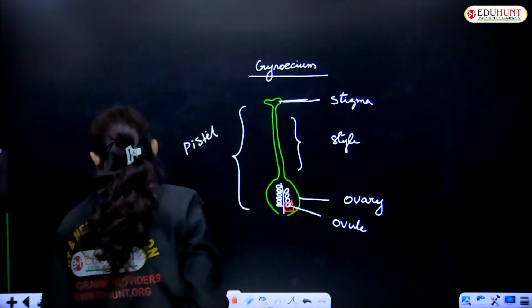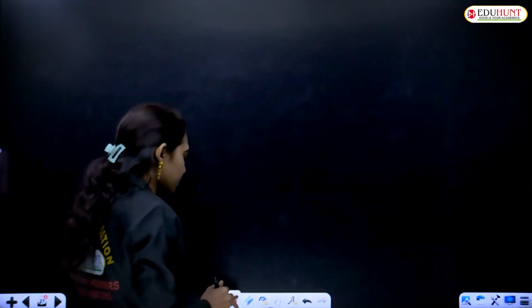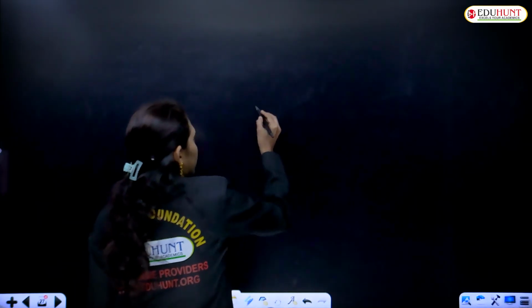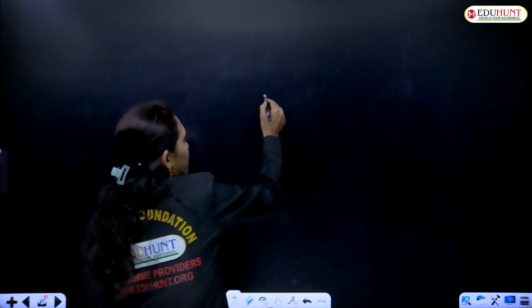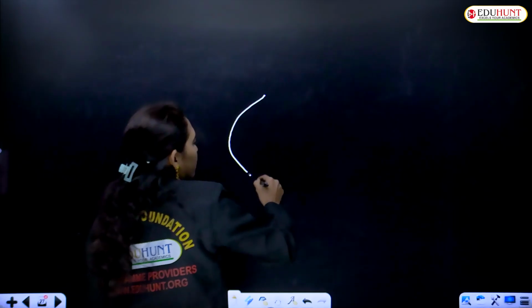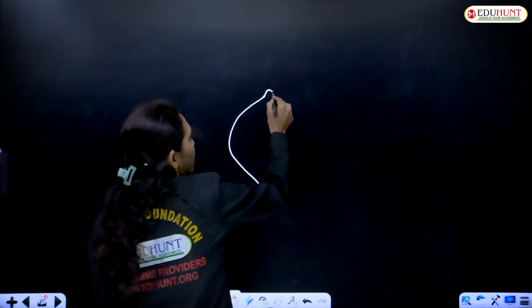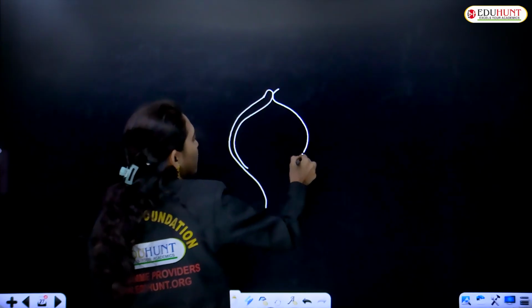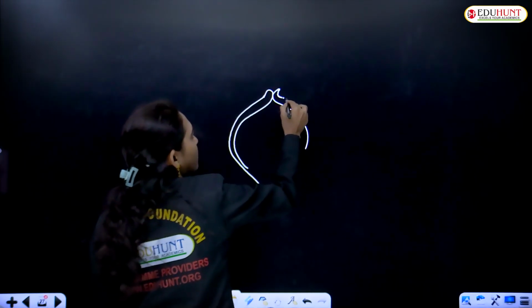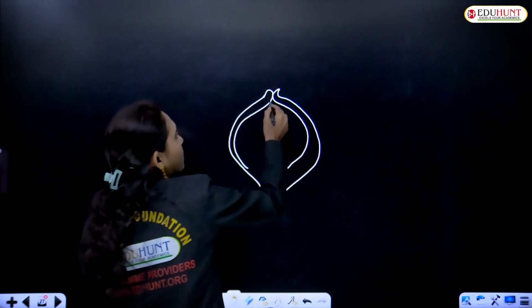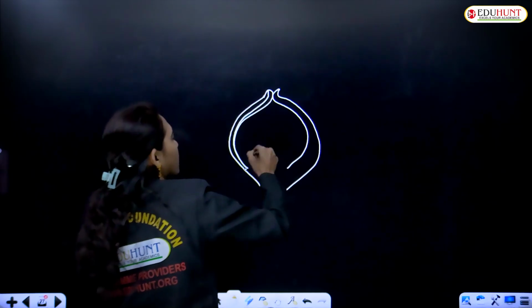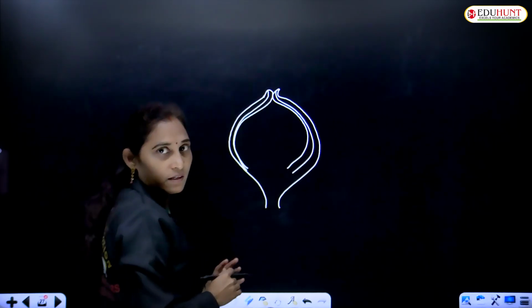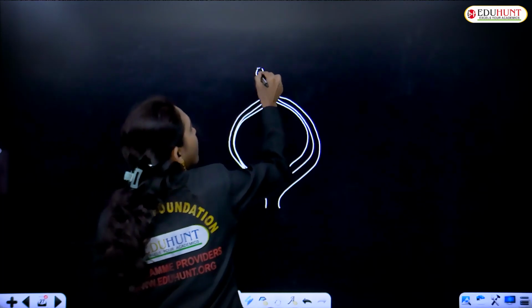If we enlarge this ovule, it looks like this. Anyway, this is a rough sketch of an ovule.